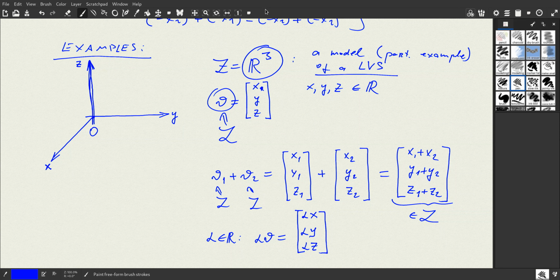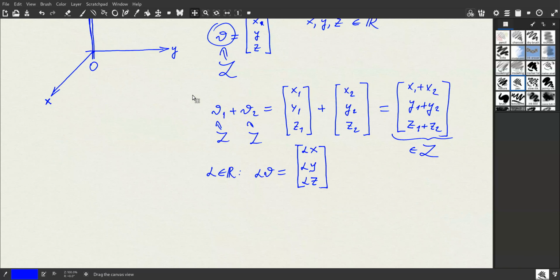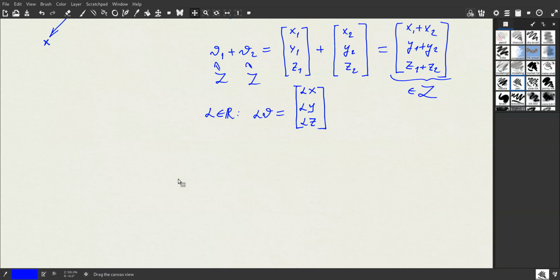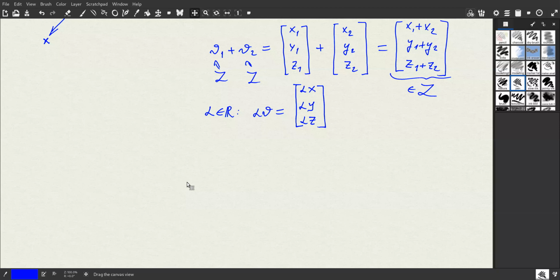Obviously, it is very easy to verify the properties. So what is theta in this case? Theta is the vector containing all zeros: 0, 0, 0. All right? What is minus v? Minus v is minus x, minus y, minus z.